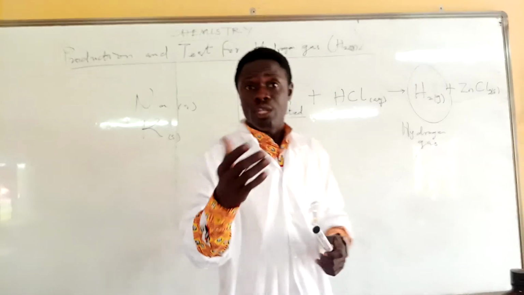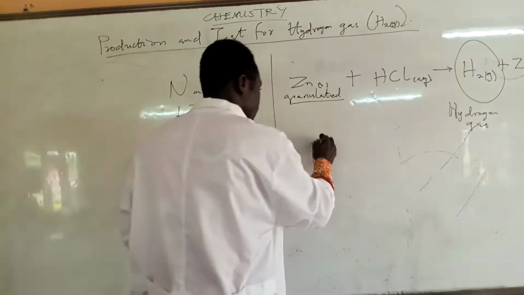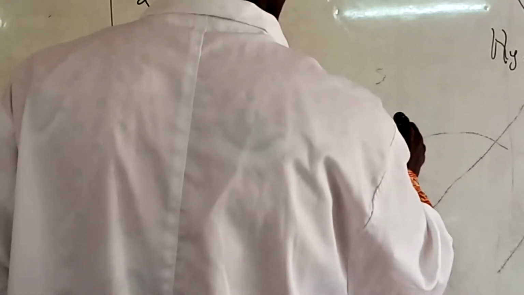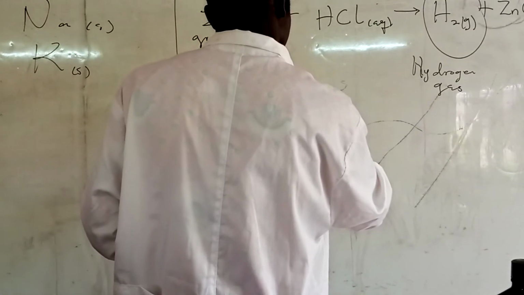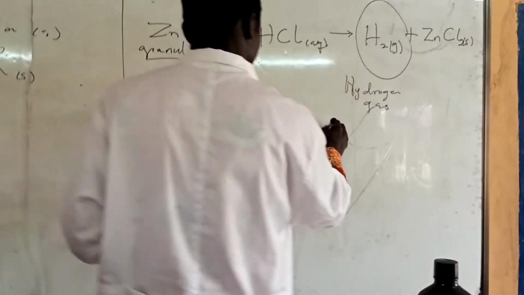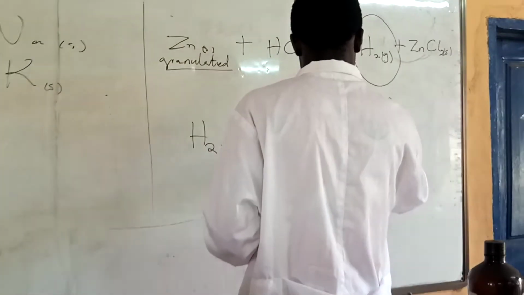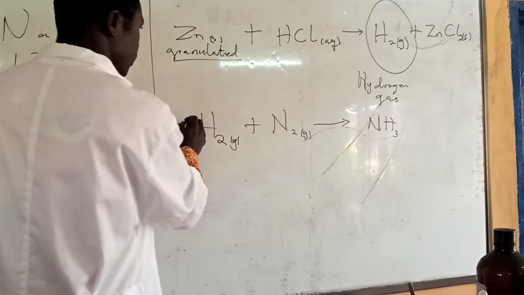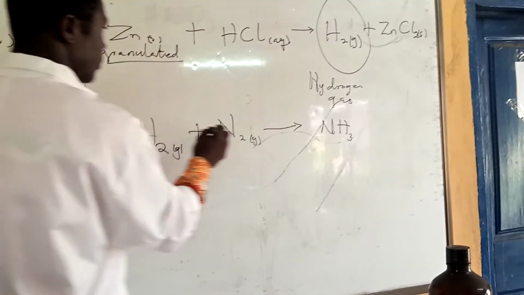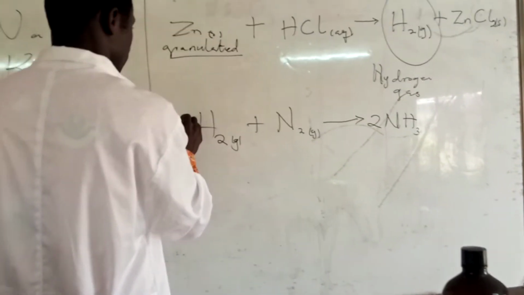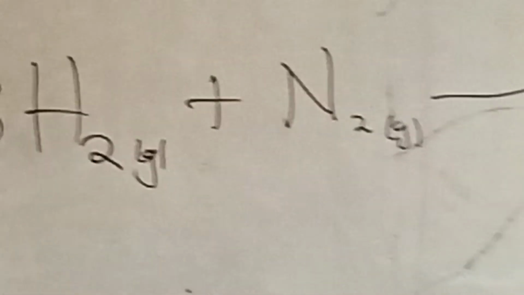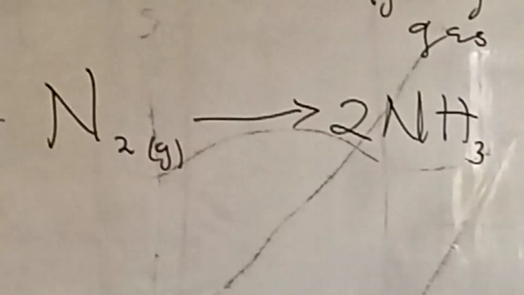And if you want to produce ammonia, then this is what we call the Born-Haber process for the production of ammonia.